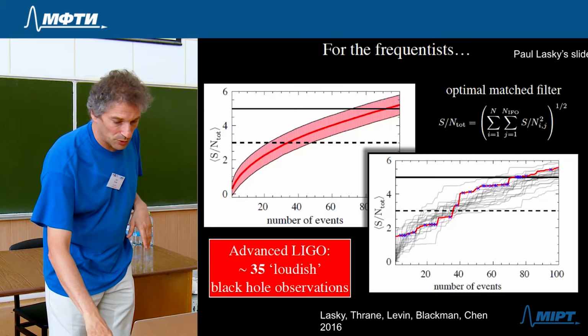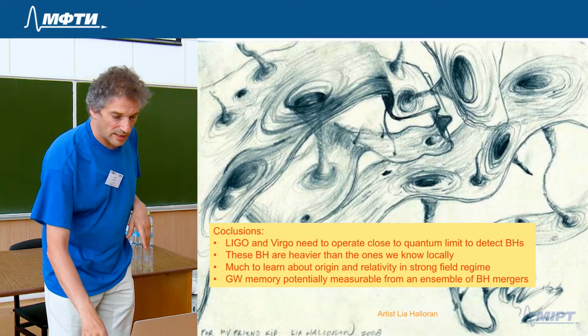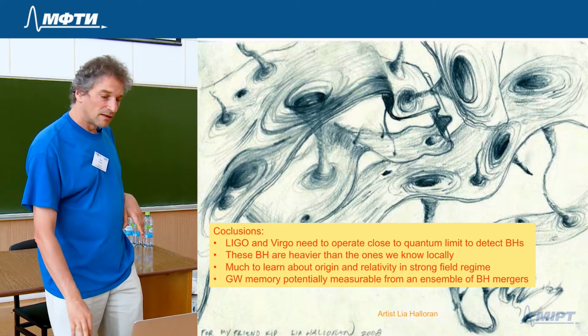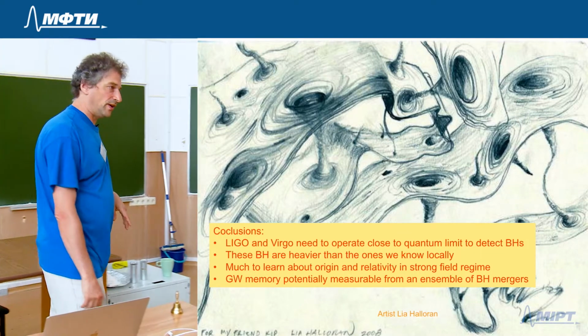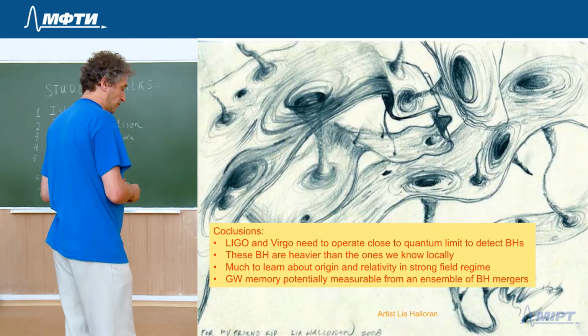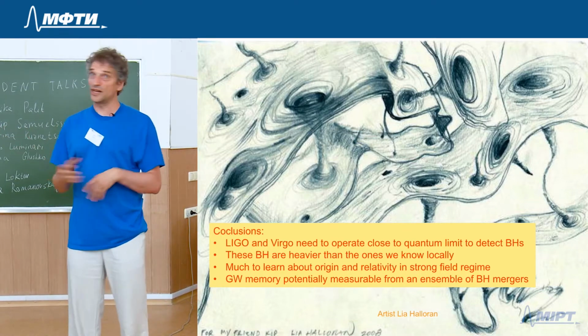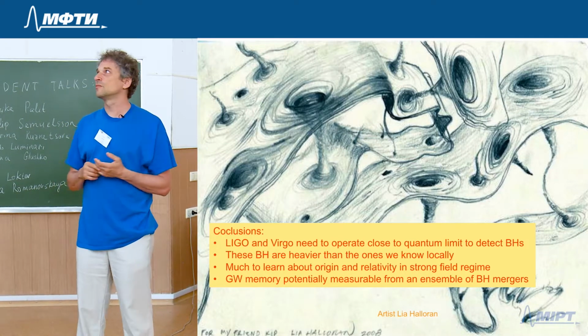Okay, let me conclude. I'm going to skip through some slides, and let me just say that we live in a pretty wonderful era, not just for the study of neutron stars, but also for the study of the dynamical geometry of space-time.